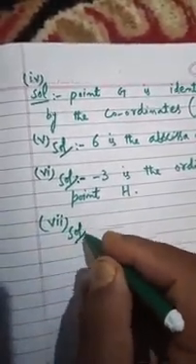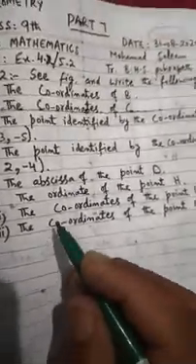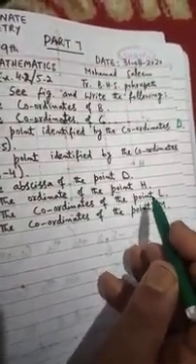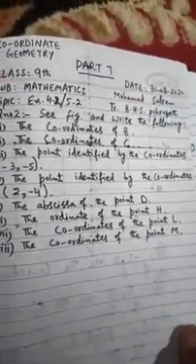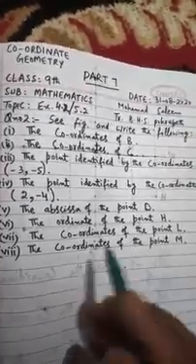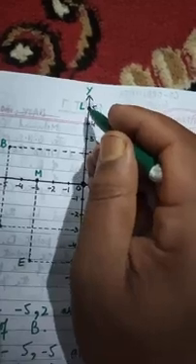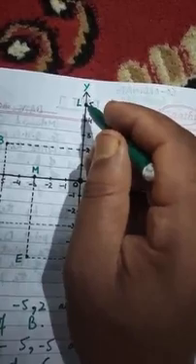Then we have the seventh part. What is the seventh part? The coordinates of the point L. We have to find the coordinates of point L. Let's see in the figure where is L. Here it is.